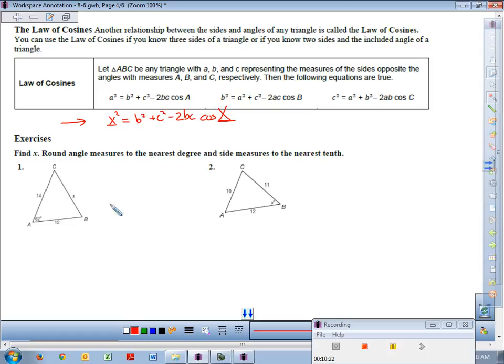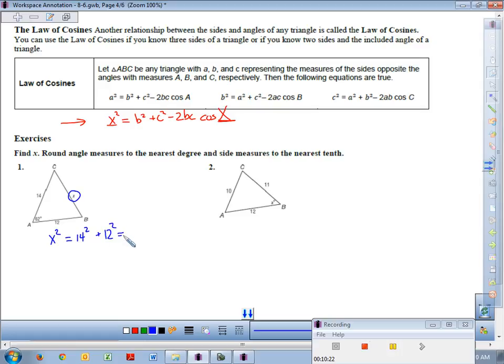But when it comes to calculating this stuff, we just got to be careful here. So let's set up. They want me to find this little x right here, so little x squared will equal b squared, which is 14 squared, plus 12 squared.